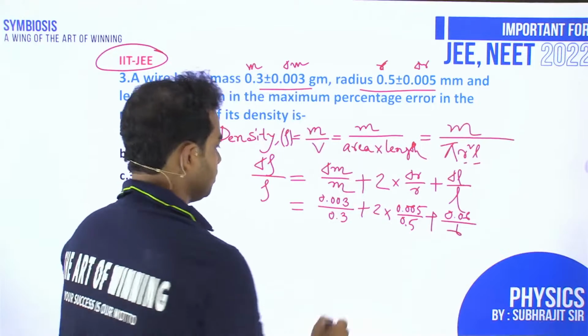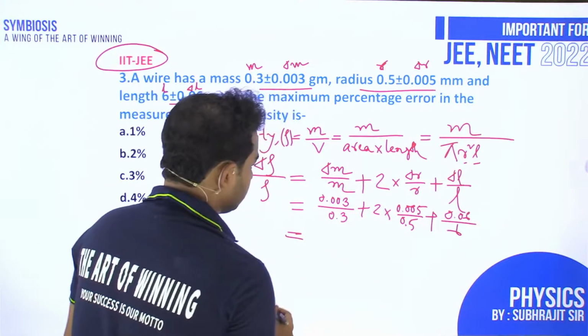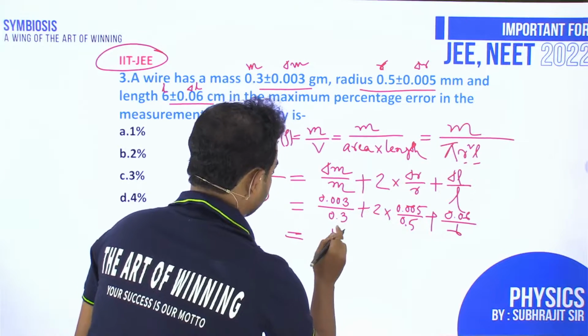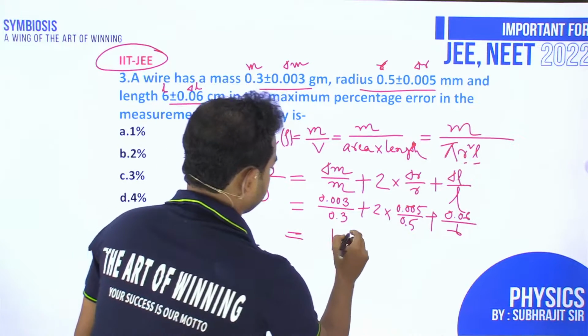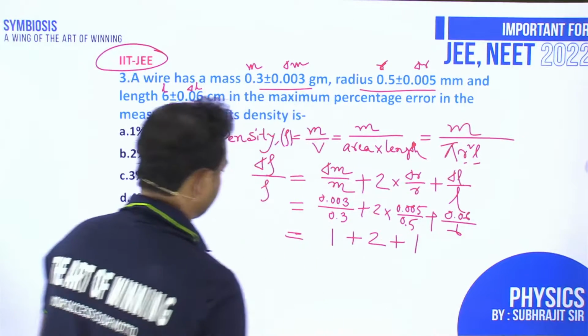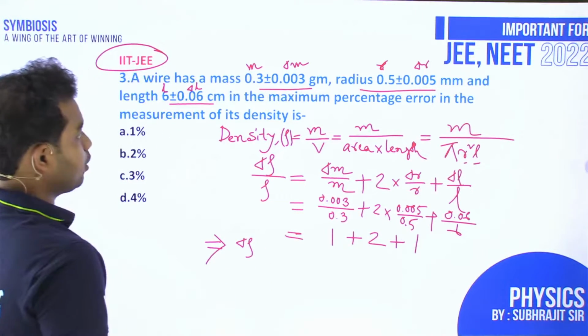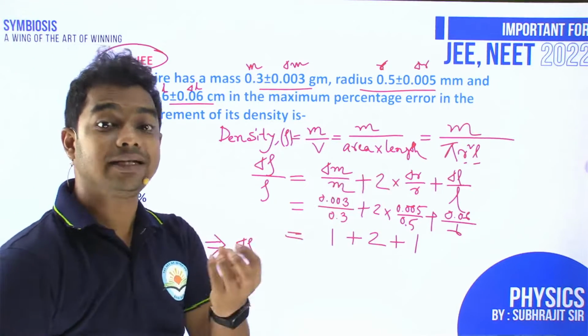So here after calculating we can write this as 1 plus 2 plus 1. So here we want to find the maximum percentage error.